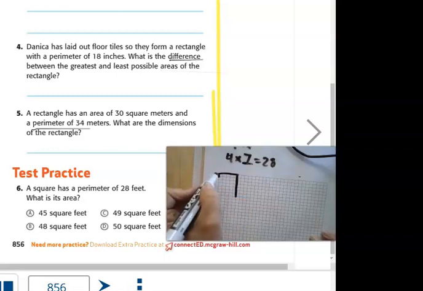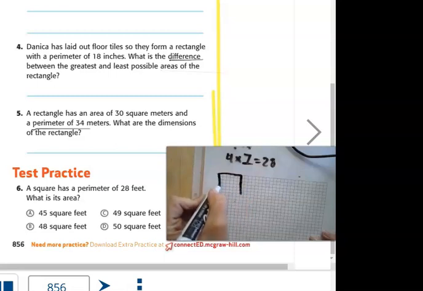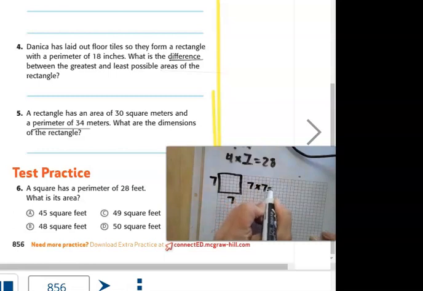Now I'm going to do 7 times 7 to find the area. 7 times 7 is 49. So it's 49 square feet around that shape. And that's how you do number 6.